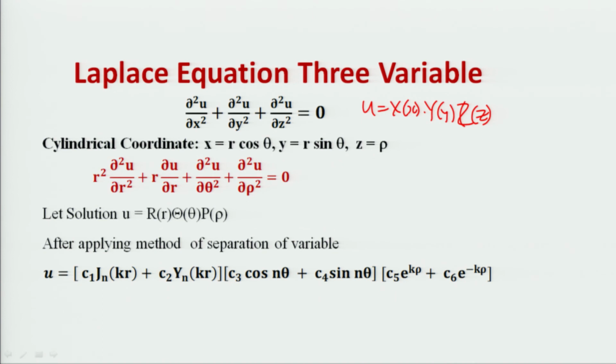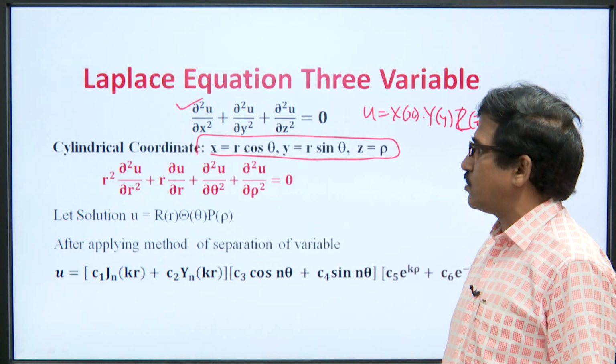In cylindrical coordinates, what would our equation be? Some examples are in the cylindrical system, so the application of cylindrical and spherical systems is also a very important exercise in this Laplace equation. To convert this to cylindrical coordinates, substitute x equal to r cos theta, y equal to r sin theta, and z equal to rho.